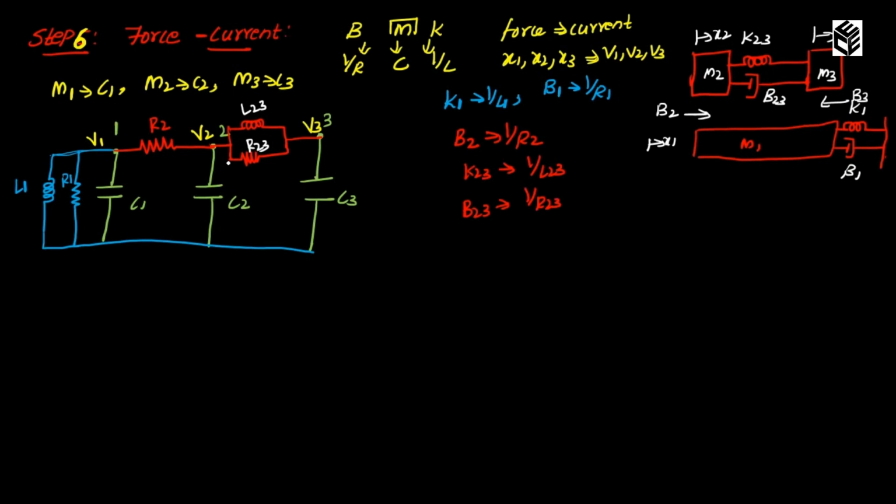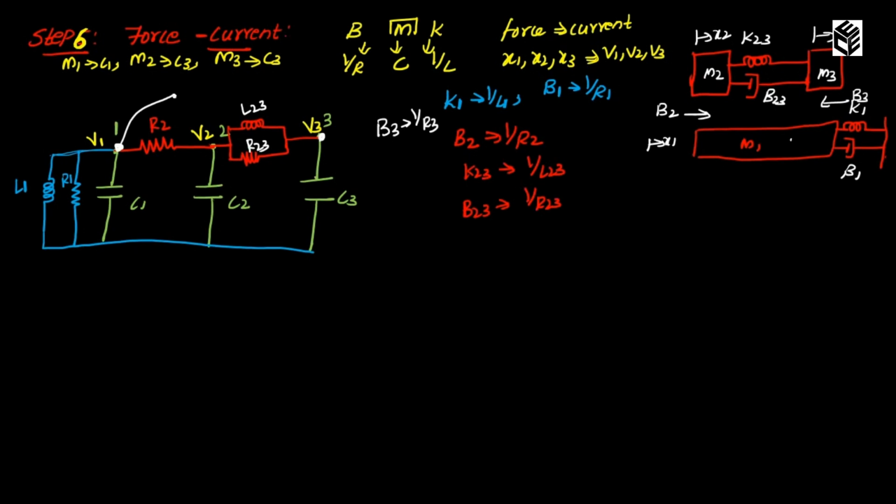Now we need to check whether there is any common element between first node and the third node. So we have a common element B3. So B3 is replaced as 1 by R3. I am going to connect. So this is my node 1 and this is my node 3. So between these 2 nodes I have an element R3. So I am connecting an element R3 between these two nodes. So this is my R3.